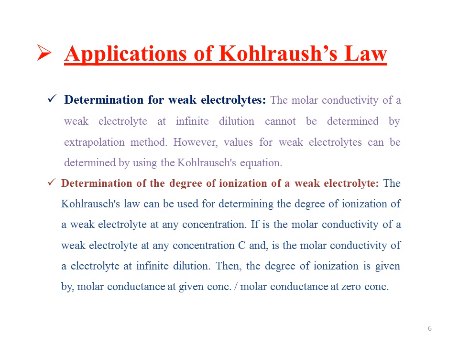Ostwald dilution law states that on dilution of a weak electrolyte it is ionized much. How much it is ionized can be determined by Kohlrausch's law. So the number two application is the determination of the degree of ionization of a weak electrolyte.